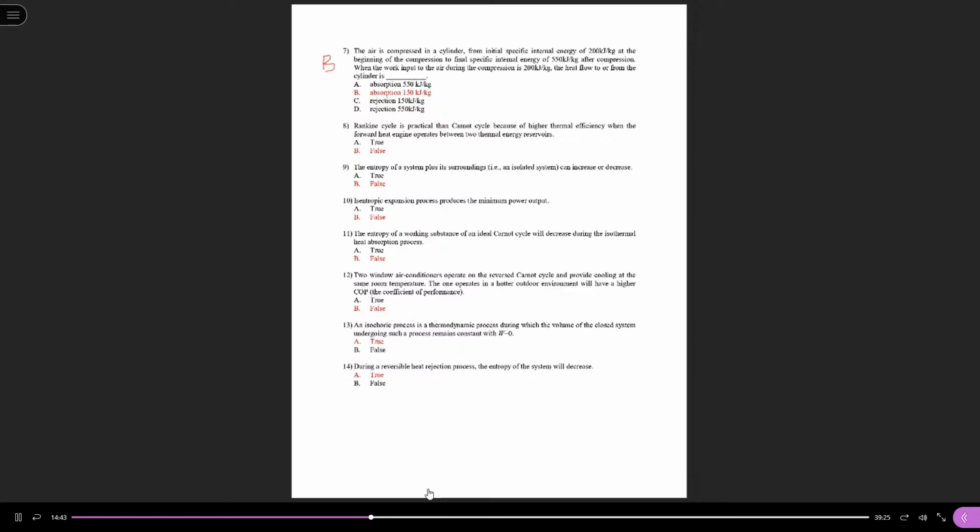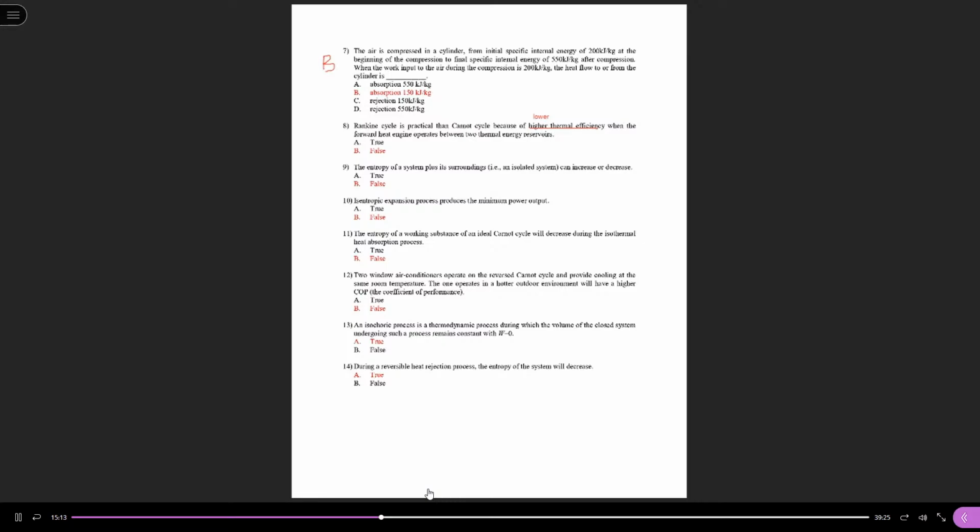The Rankine cycle is practical because it's high, it's lower. In fact, it has lower thermal efficiency, so it's false. And then for 9, the entropy of the surroundings will only increase, will not decrease, because it's for an isolated system.